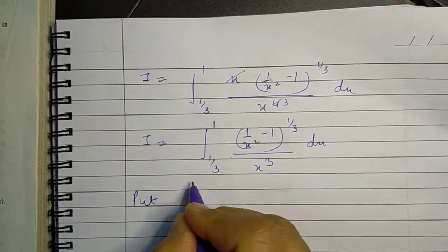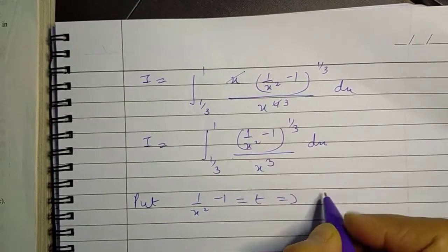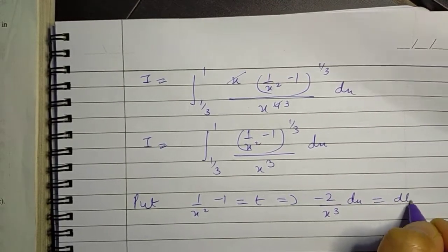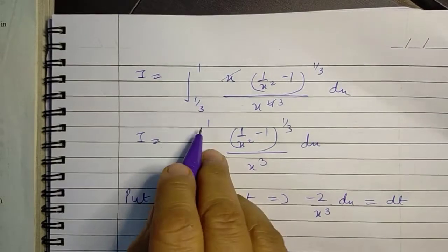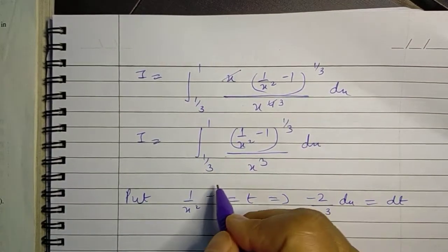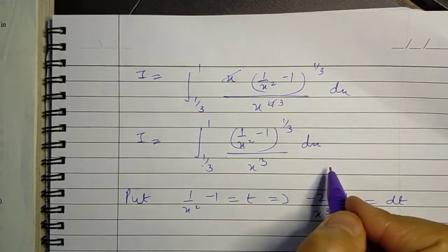So put 1 over x squared minus 1 as t, we get minus 2 over x cube dx as dt. Now again, since it's a definite integral, we have to find the limits also in terms of t.